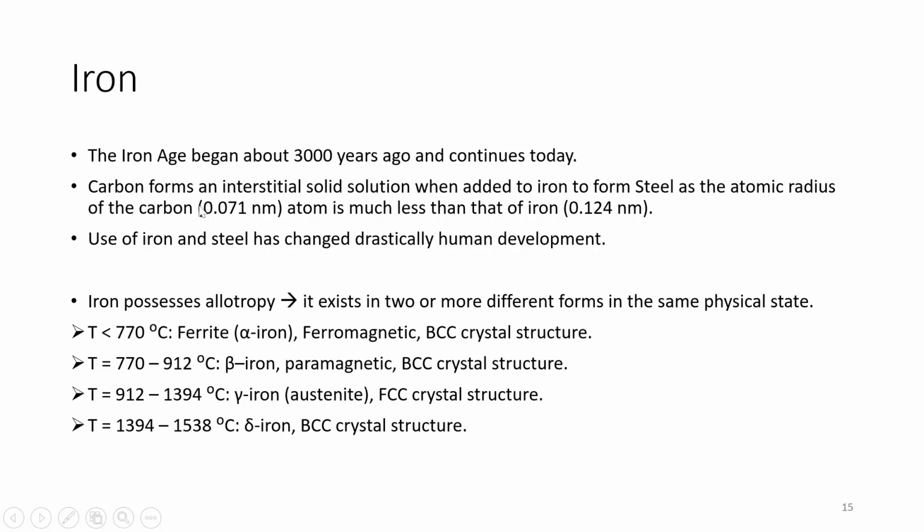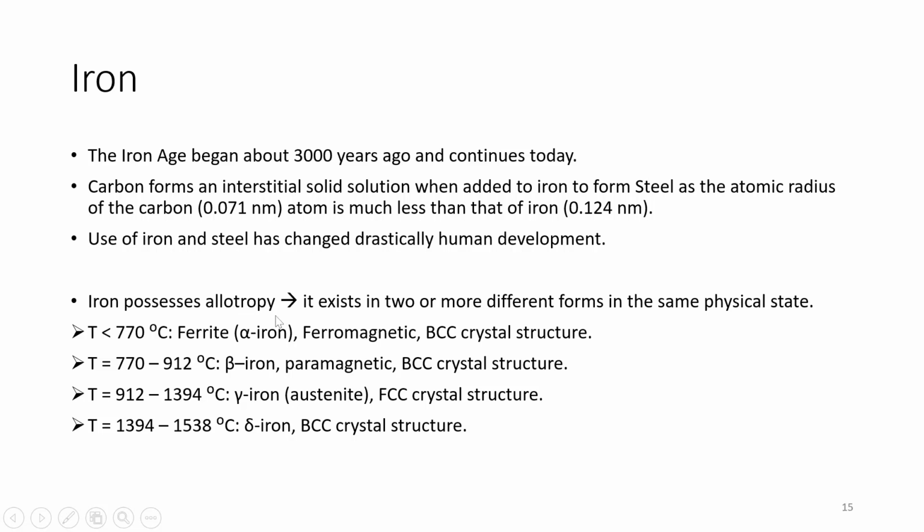Carbon forms an interstitial solid solution when it's added to iron to form steel, as the atomic radius of the carbon atom, 0.071 nanometer, is much less than that of the iron atom, which is 0.124 nanometer. Use of iron and steel has changed human development drastically.